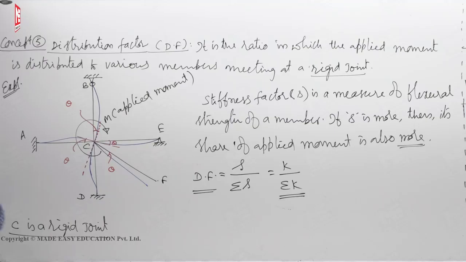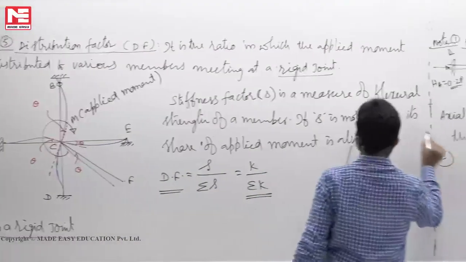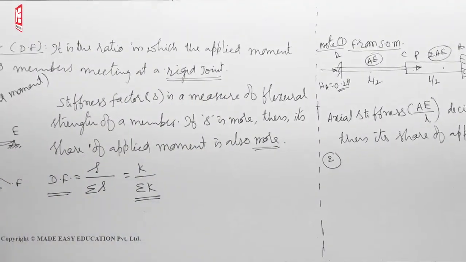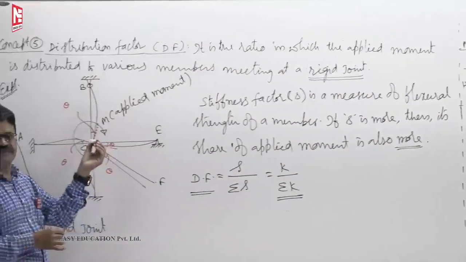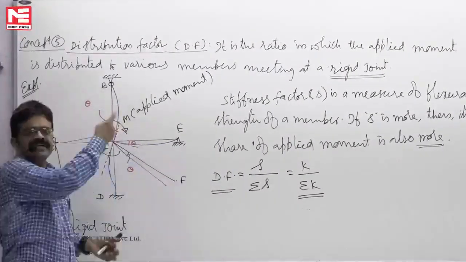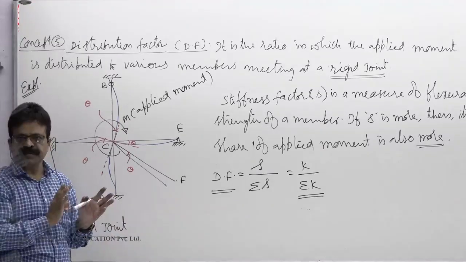Next, the second point. I have written here rigid joint only. What happens if there is a pin joint at C? If you have a rigid joint and we apply a moment, all members rotate by the same angle, so you will know who takes more moment and who takes less.